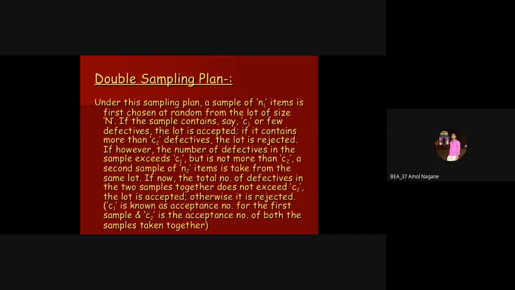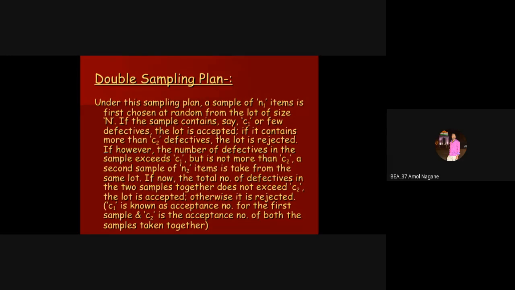So n1 items are first chosen at random from the lot of size capital N. If the sample contains C1 or fewer defectives, the lot is accepted; if it contains more than C2 defectives, the lot is rejected. Here also we have to decide two standards, C1 and C2, according to which we select acceptance or rejection.